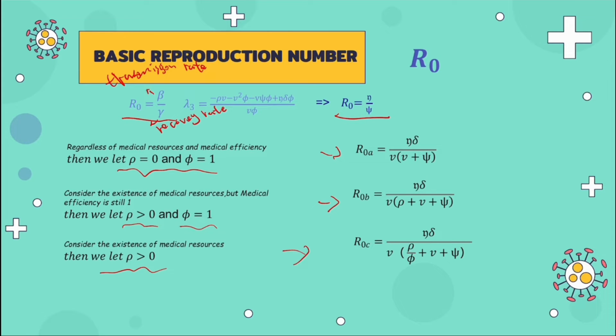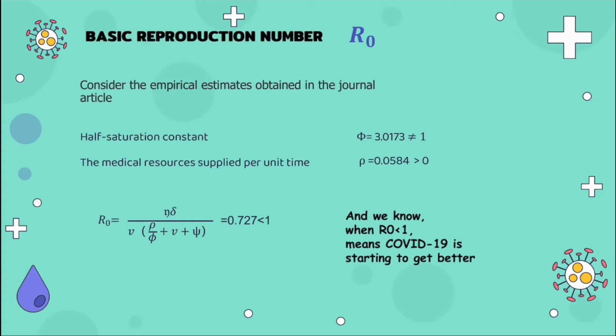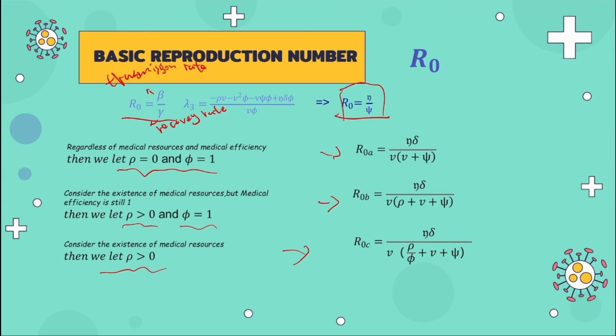Okay, this one, R03. Since R0 is eta over psi, I prefer to put eta on the top and psi on the bottom.